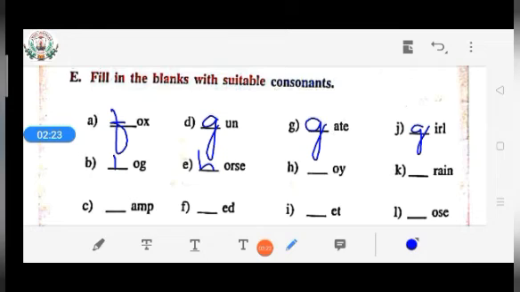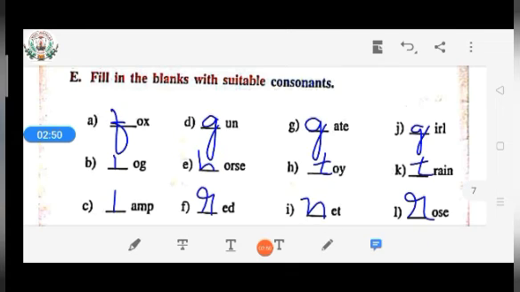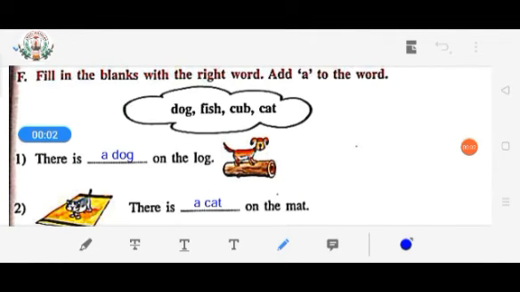H-O-R-S-E, horse. T-O-Y, toy. T-R-A-I-N, train. L-A-M-P, lamp. R-E-D, red. N-E-T, net. R-O-S-E, rose.